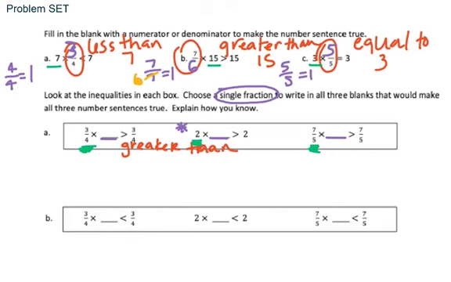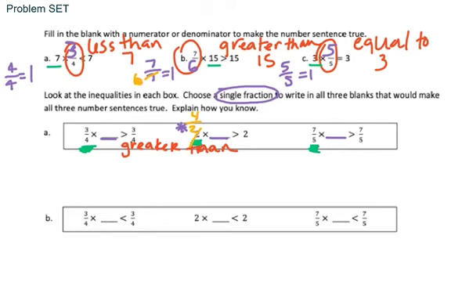Okay, you're either very confused or you're very confident. If I look at 2, because I know 2 is the greatest out of these 3 constants, I'm going to change 2 into 4 halves, 4 over 2. That's the same value as 2, and it's going to allow me to find a fraction to use for all 3.